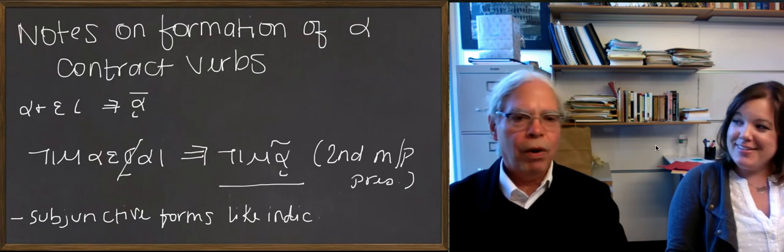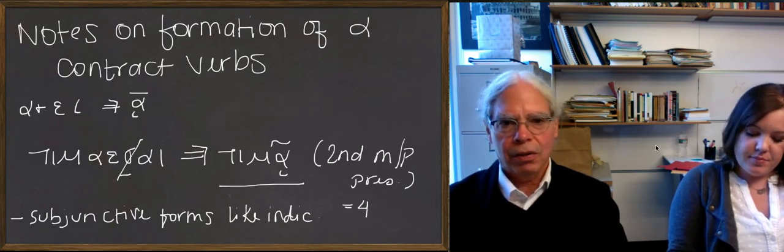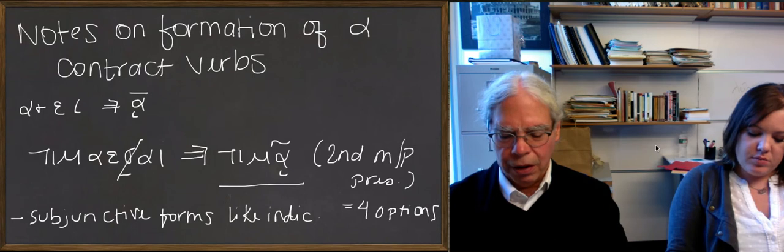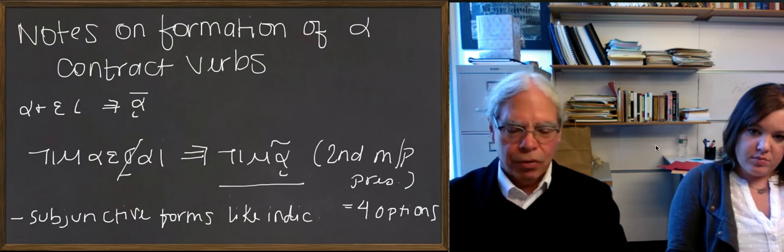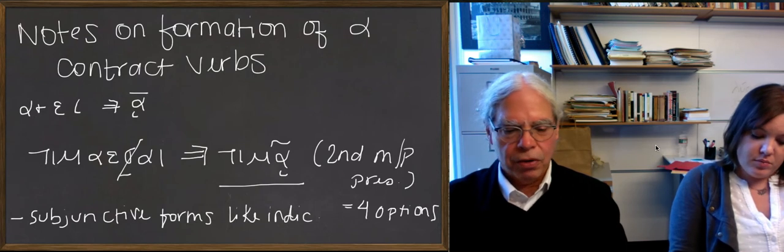So one form can be four different things. You need to be aware of all the options that are being diluted by the contraction process. So that's one comment on the way the formations work.